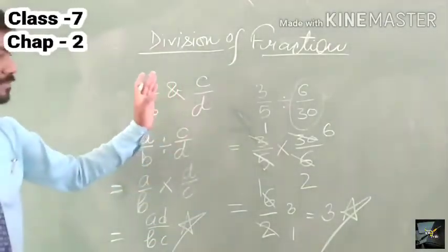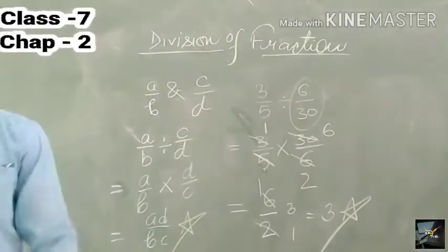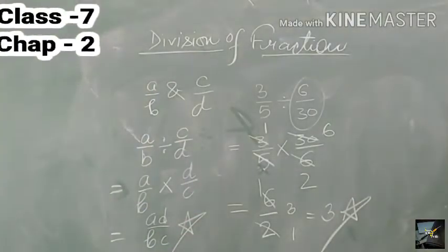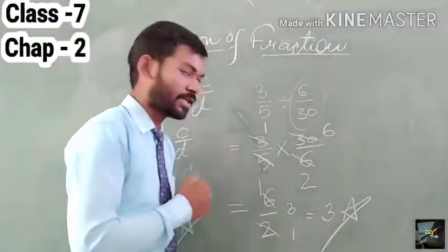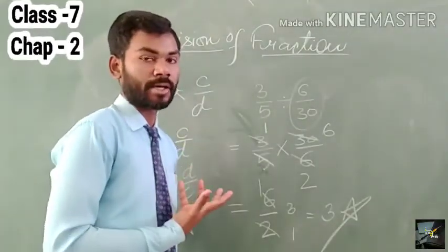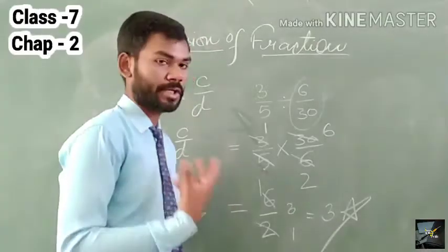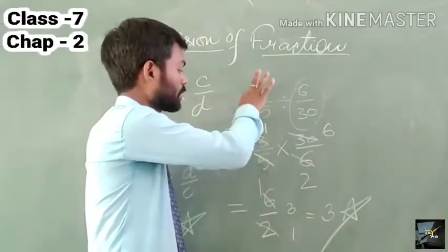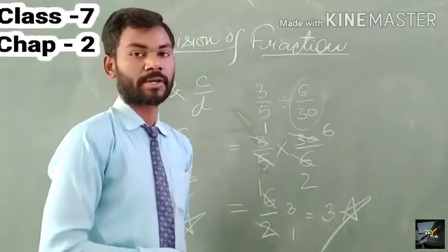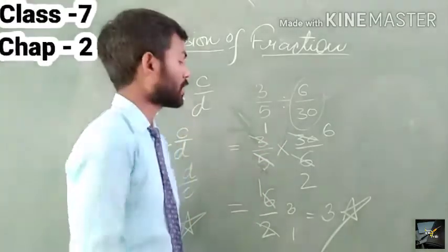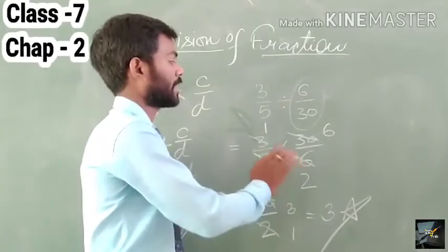Now let us see the solution once again. The given question is 3 upon 5 divided by 6 upon 30. In order to divide, we write the first fraction as it is and the reverse operation of division. The reverse operation of division is multiplication.